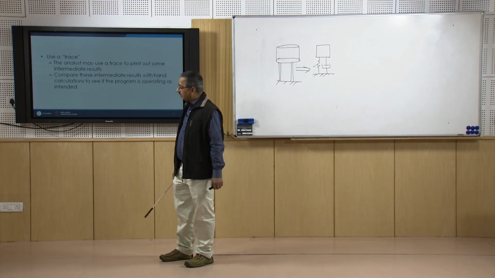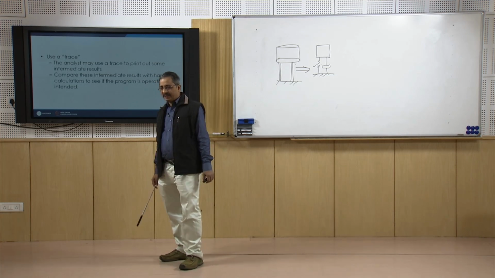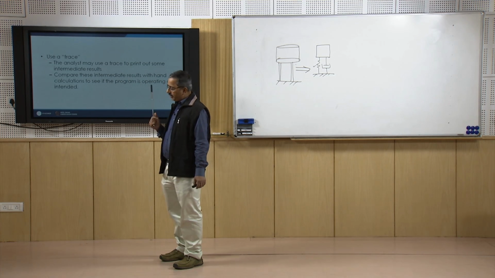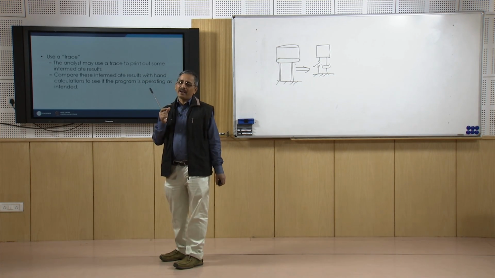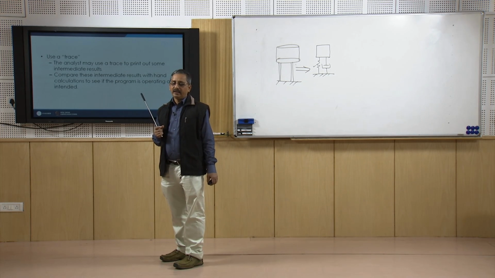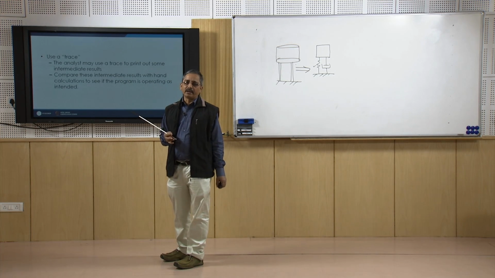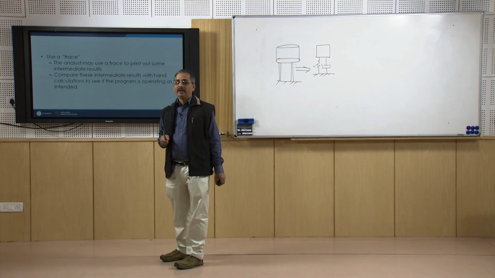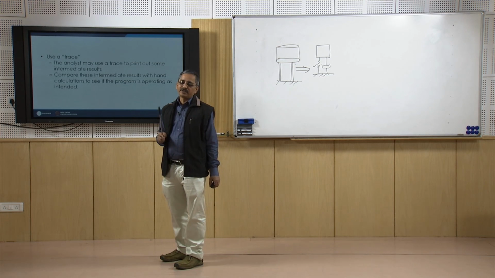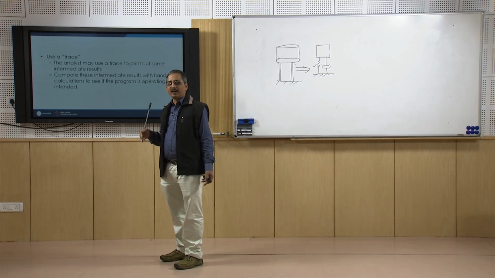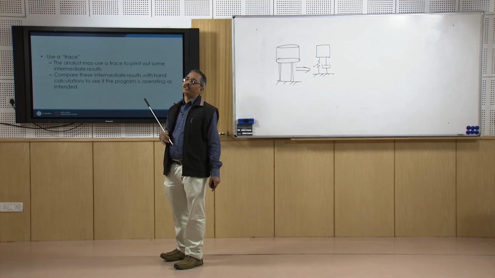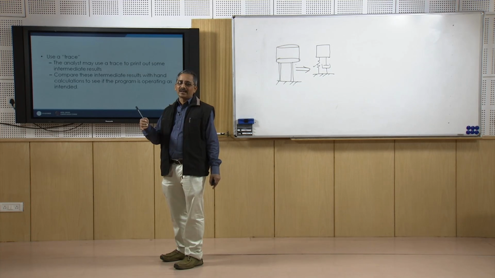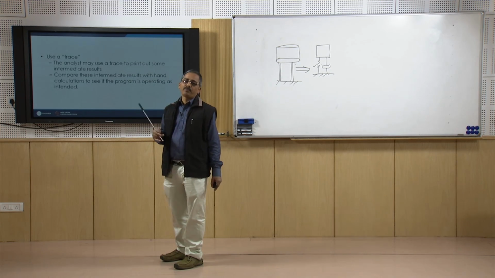Then use a trace. What we mean by trace is that we try to get some intermediate results from the program which you have written, and those intermediate results actually help you in verifying your code, because many times you may not be getting the end result correctly, but if you are getting some intermediate results correctly, then you can at least identify the zone in which the programming error might be.